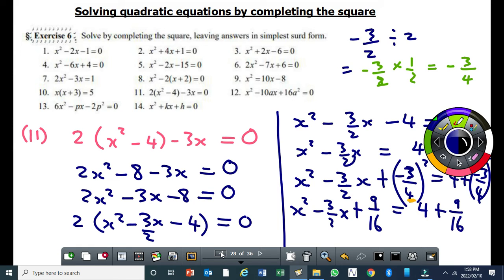All right. I'm aware that for this exercise you're supposed to solve by completing the square, but here's the class exercise. Solve number 8 using the quadratic formula.